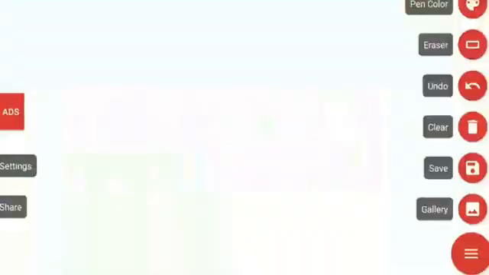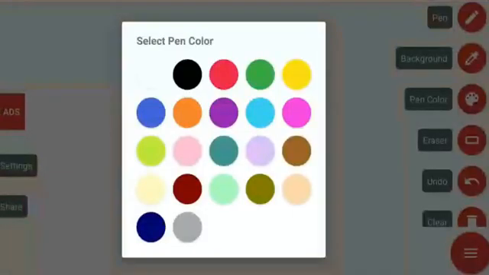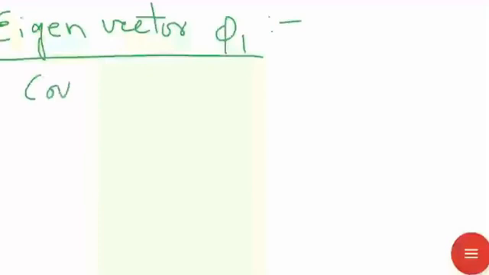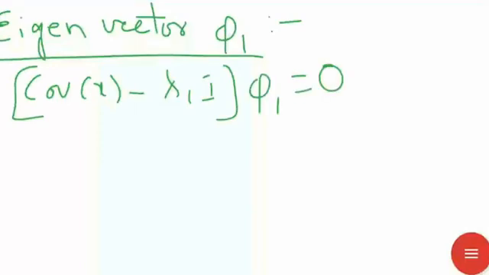Similarly, do it for the other one: phi 1, the eigenvector for lambda 1. Use the formula covariance of x minus lambda 1 I into phi 1 is equal to 0.